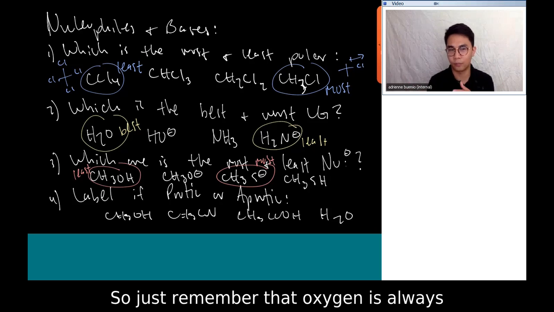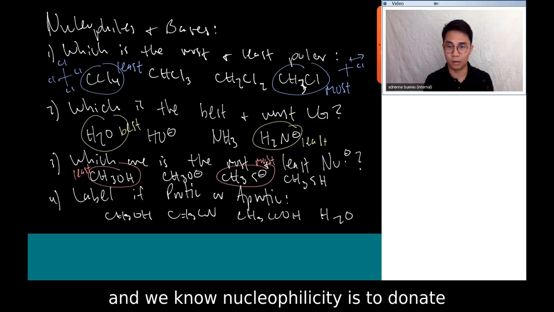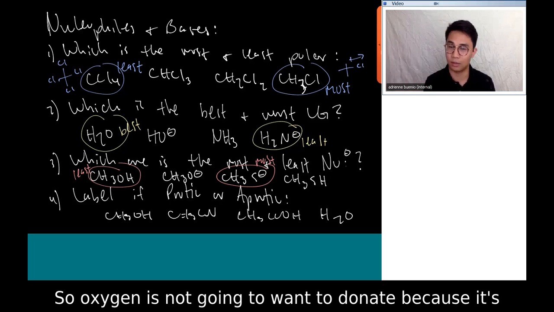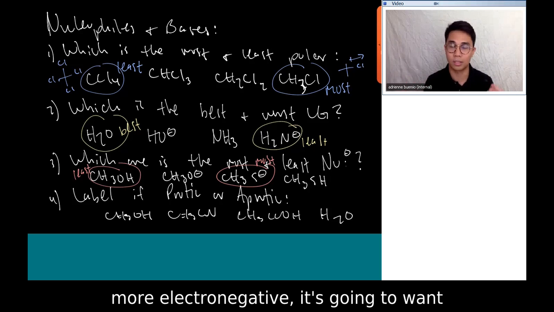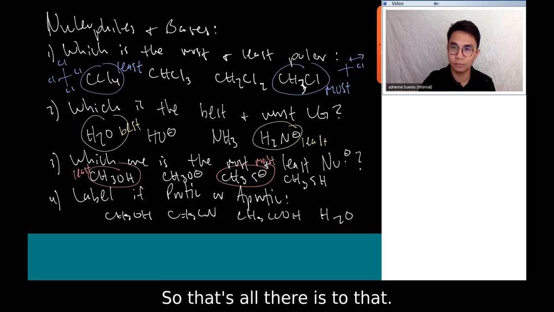Just remember that oxygen is always going to be more electronegative than sulfur, and we know nucleophilicity is about donating its electron pairs, right? So oxygen is not going to want to donate because it's more electronegative. It's going to want to keep those electrons to itself. So that's all there is to that.